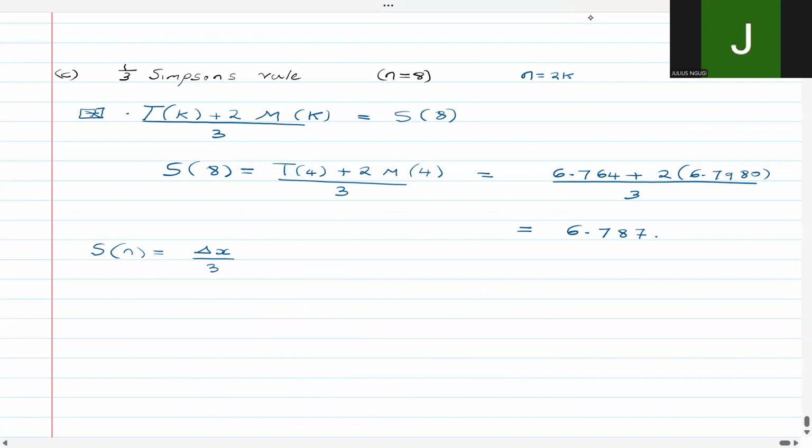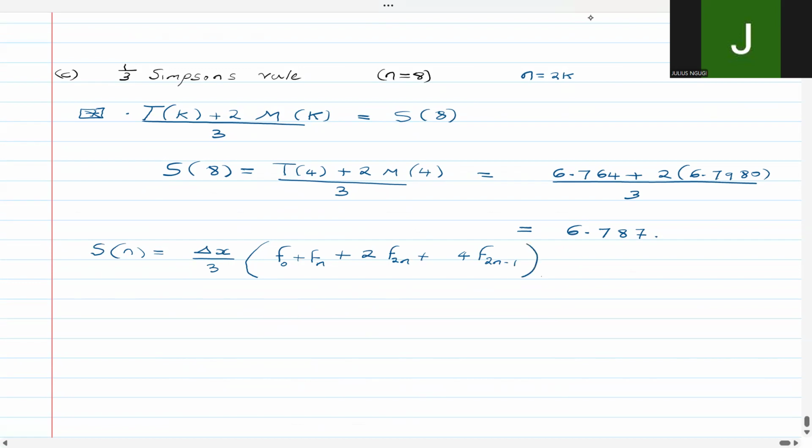If n is equal to 8, then you take the function values, the starting one and the one at the end, the way they are, plus twice all the even ones, plus 4 times the ones in the odd positioning of the interval.